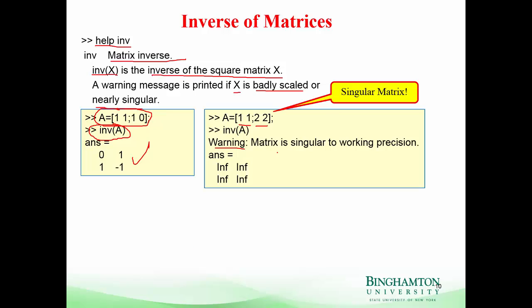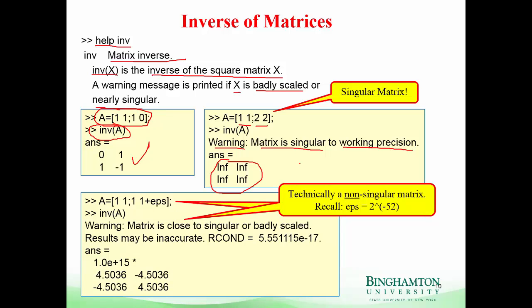It says, as far as I can tell, to my working precision, this matrix is singular. And it returns a matrix that's infinity, infinity, infinity, infinity. So remember, a singular matrix is sort of like a zero scalar. When you try to invert the zero scalar, you get an error, right? You cannot divide by 0. Or equivalently, you think of 1 over 0 as infinity. Well, here we get a similar kind of thing.